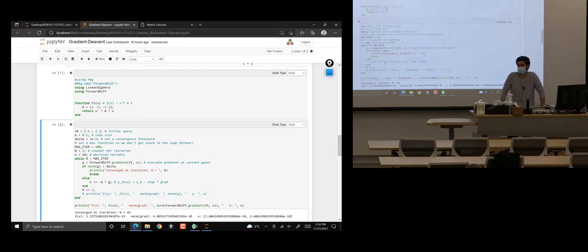Now, it is not relevant if I'm moving in the negative direction of the x-axis. That has nothing to do with whether my function is increasing or not. It could be the case that if you follow the negative direction of the x-axis, then your function is increasing. So it doesn't matter if the gradient is negative or positive. Just think about it as a direction that shows the fastest growth of your function. And therefore, its negative is the fastest descent direction.